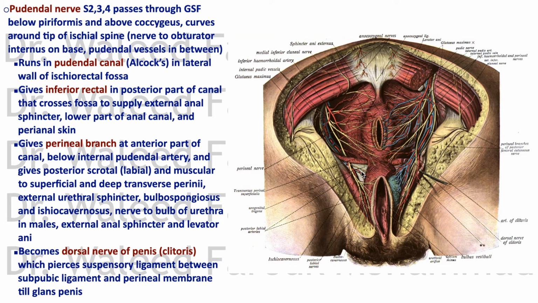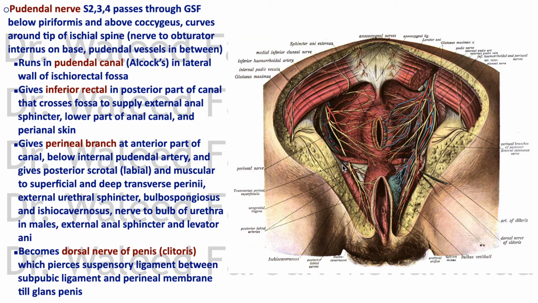It gives posterior scrotal branches, and muscular branches to the muscles of the area, like the superficial and deep transverse perineal muscles, the external urethral sphincter, the bulbospongiosus, ischiocavernosus, muscles in the superficial and deep perineal pouches, and the nerve to the bulb of the urethra in males, and the external anal sphincter and levator ani muscles.